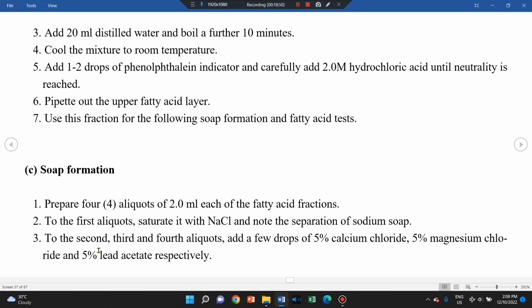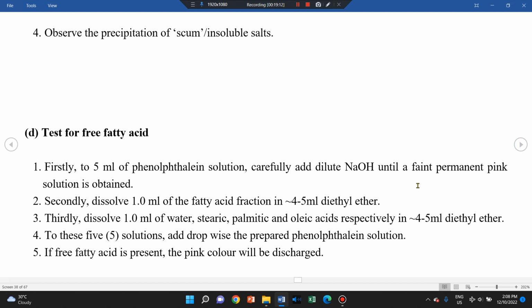And then the second, third, and fourth test tubes, you are to also add salts that have divalent ions. And then you will see even with a little addition, you will be able to observe some insoluble salt, in theory.